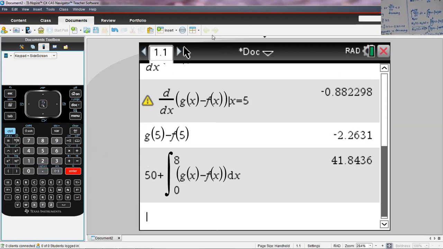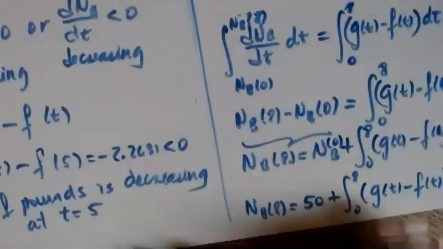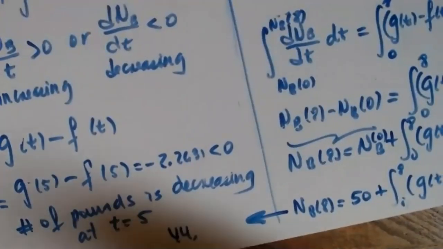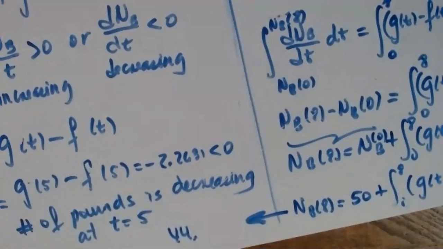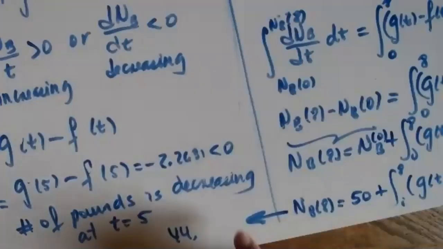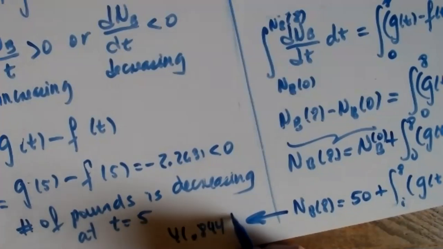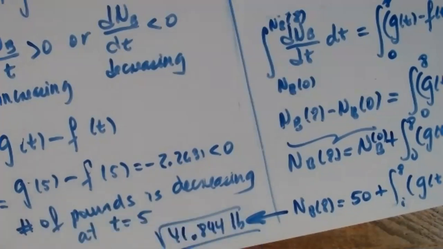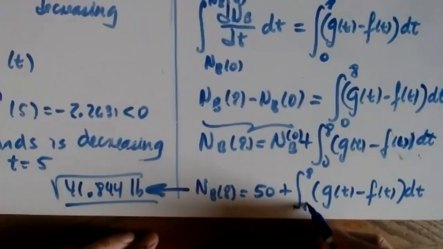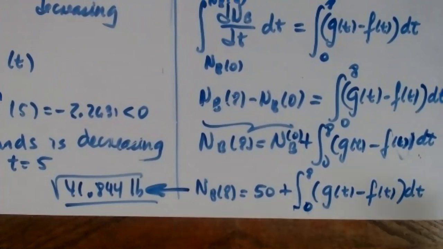So right here, I'm going to write 41.844 pounds, correct? So this is what we get from our integration. Crazy problems? Yes.